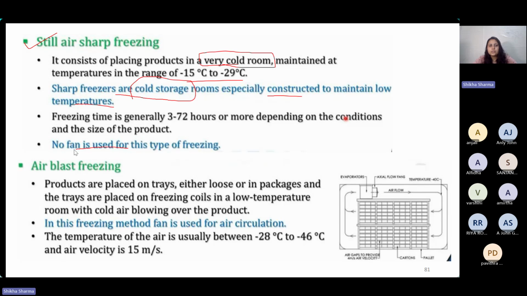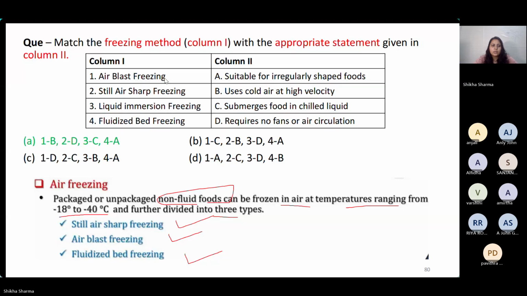No fan is required here. Freezing time is 3 to 72 hours or more, depending on the condition and the size of the product. So 2 is related to requires no fan for air circulation.